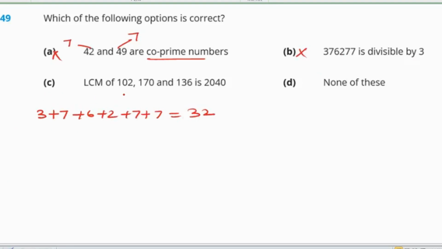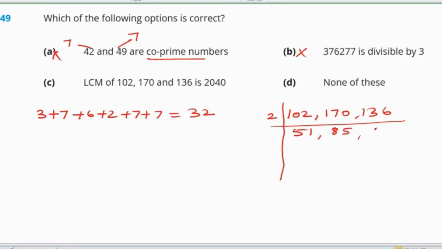Now the LCM of 102, 170 and 136 is 2040. Let's do that. If we are solving this, we will be getting what? We can divide by 2, giving 51, 85, 68. Again we can divide by 2, giving 51, 85, 34.